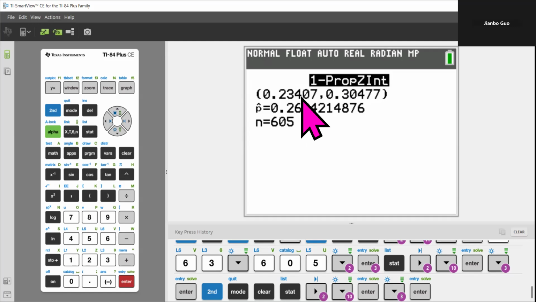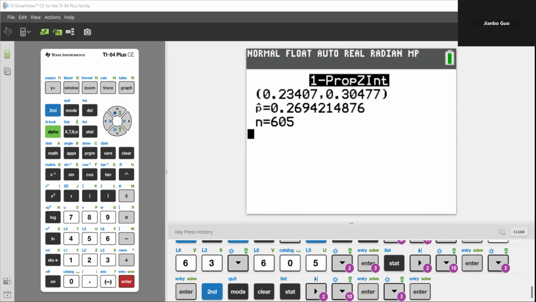If we keep 3 decimal places, the interval is 0.234, comma, 0.305. Since 25% is 0.25, it falls within the confidence interval. We can say that the confidence interval includes 0.25.